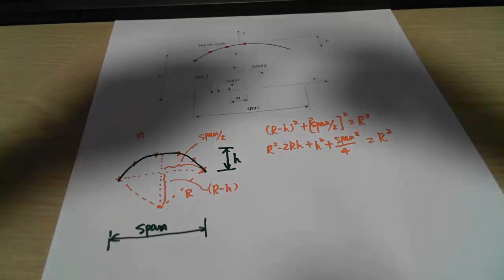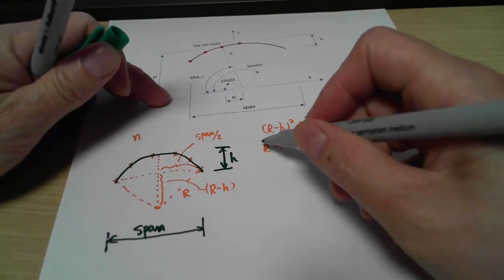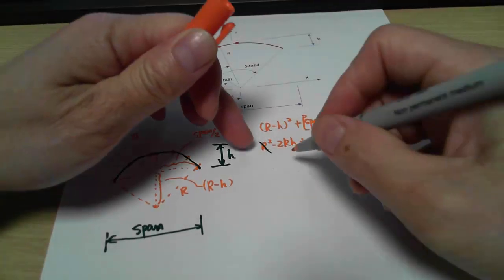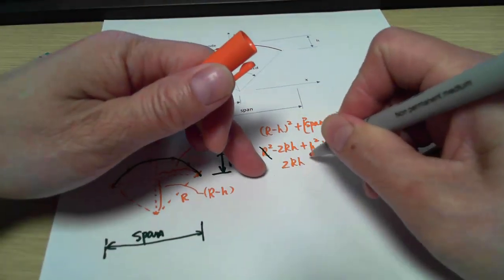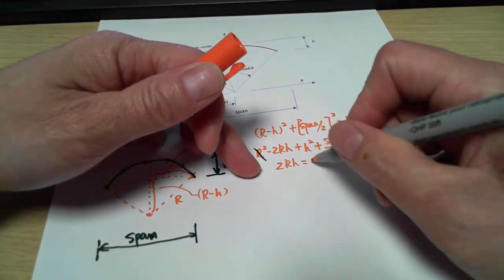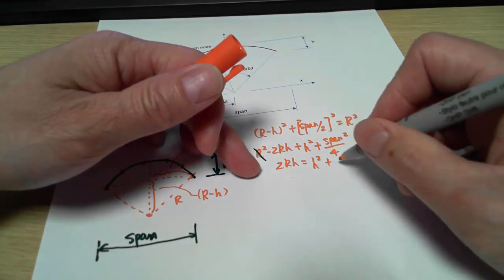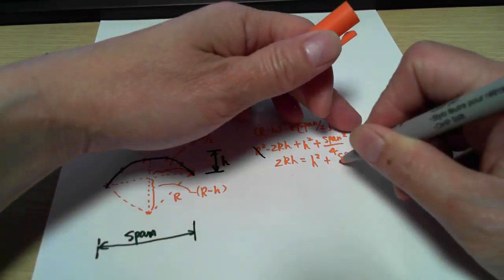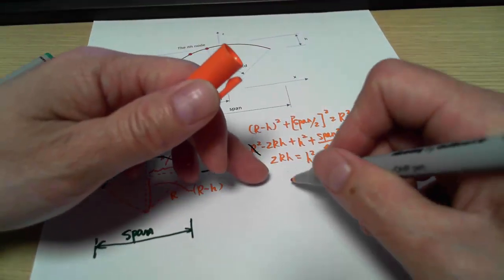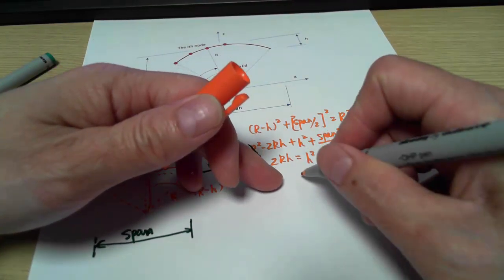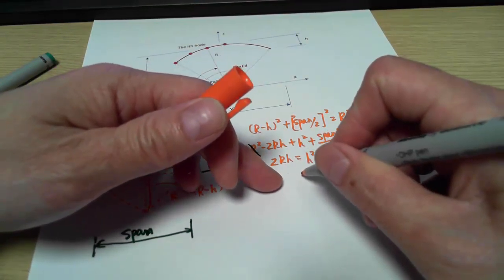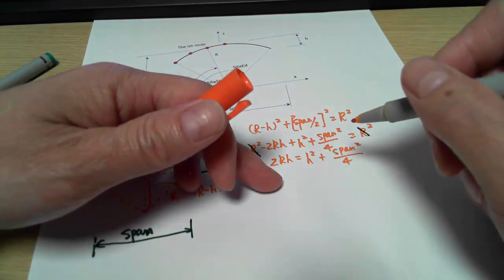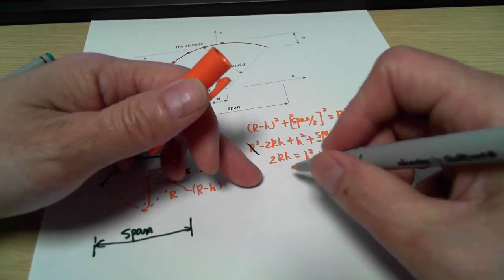Okay, so immediately we can see that you can cancel the two r squared terms, so 2rh will equal h squared plus span squared divided by 4. So you have the equation here, let me figure it out.